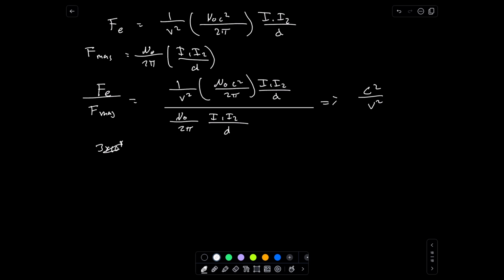Now we know the speed of light is 3 times 10 to the 8 meters per second. We'll be converting that into centimeters to match everything else. So it'll be 3 times 10 to the 10 centimeters per second.